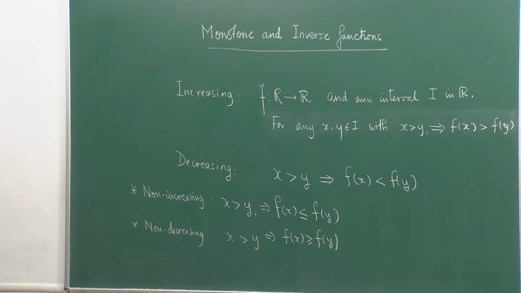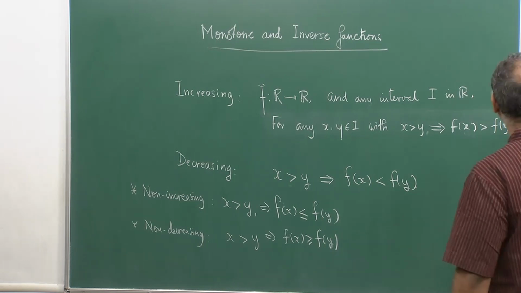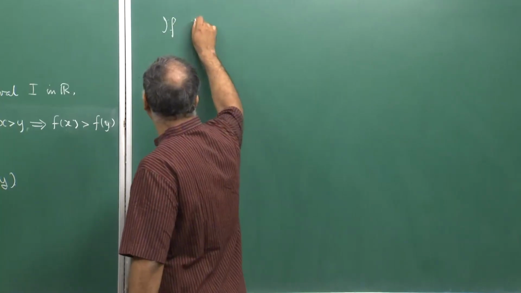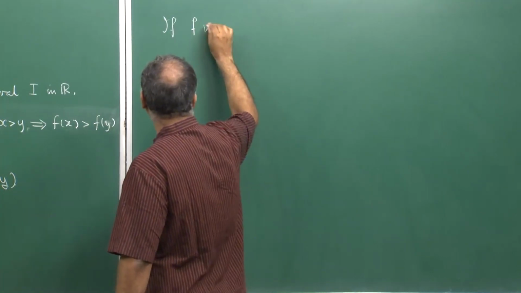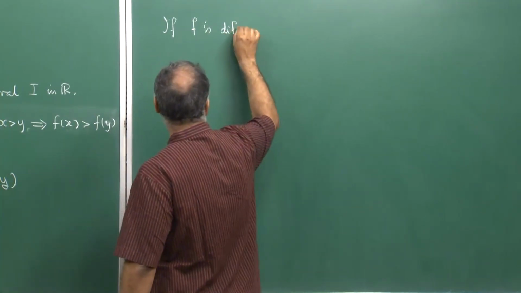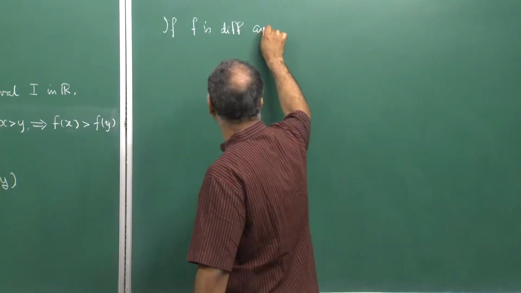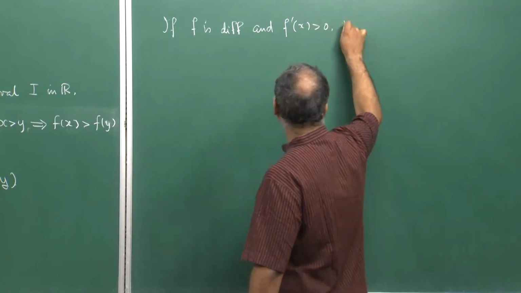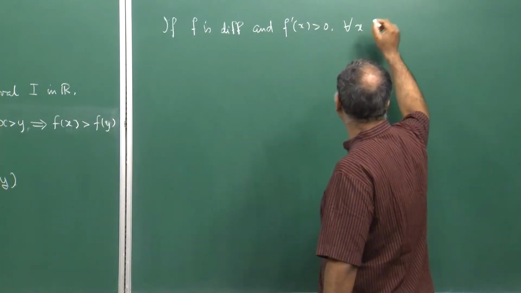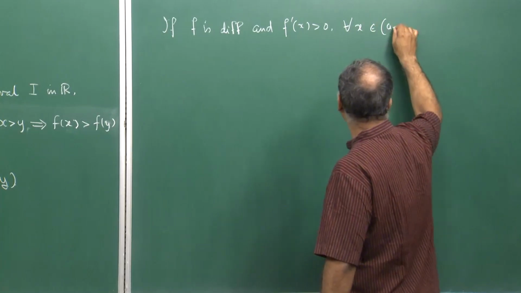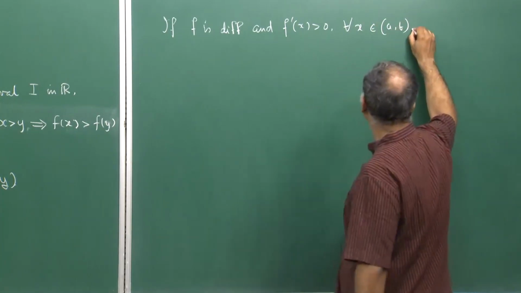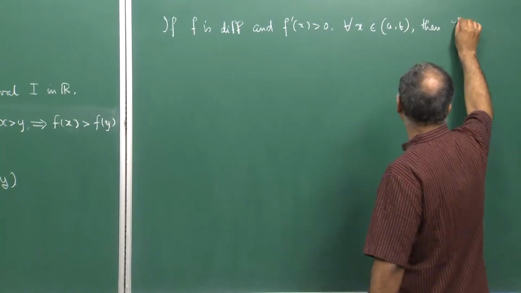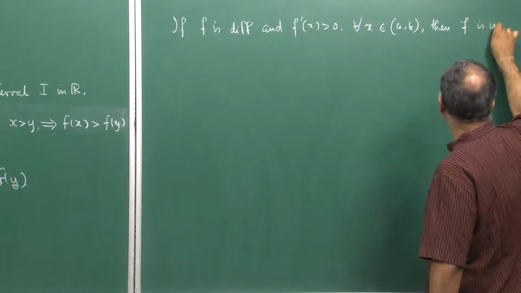So one of the most simple and elegant applications of the mean value theorem is the following: if f is differentiable and f dash x is strictly greater than 0 for all x, say in an interval a b, then f is increasing.